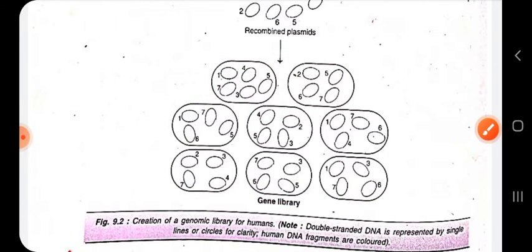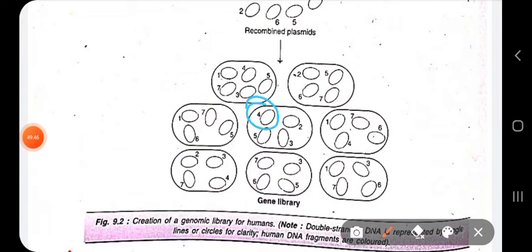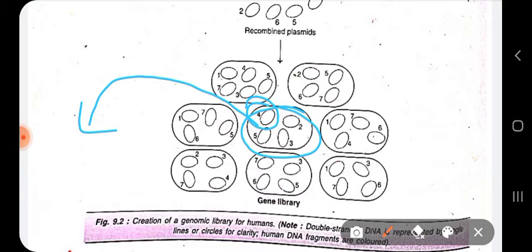Further, that particular gene of interest will be isolated by the screening process that contains our desirable DNA, and that can be done by using suitable probes or suitable primers, which will complementarily bind to the target DNA, or using a PCR approach also.